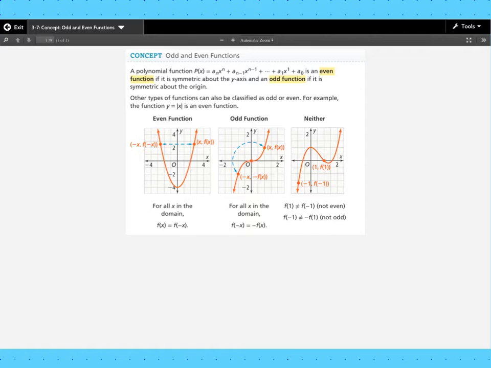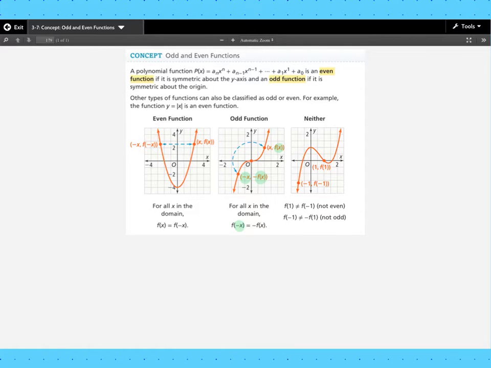But if, like the second function in the middle, f of negative x equals negative of f of x, then that's an odd function, right? So if you look at my input here, negative x, I come out with negative f of x, which is the opposite of before. I did the symmetric spin around the origin.